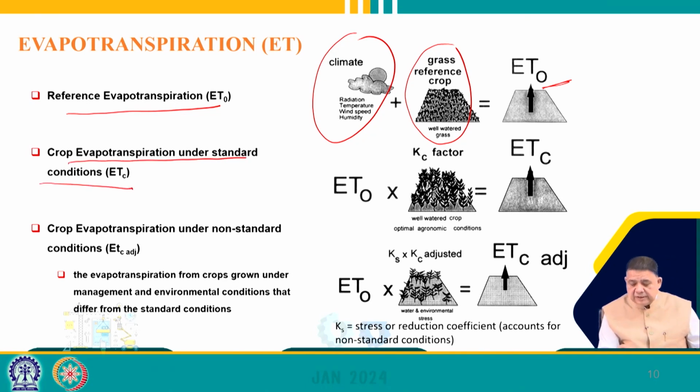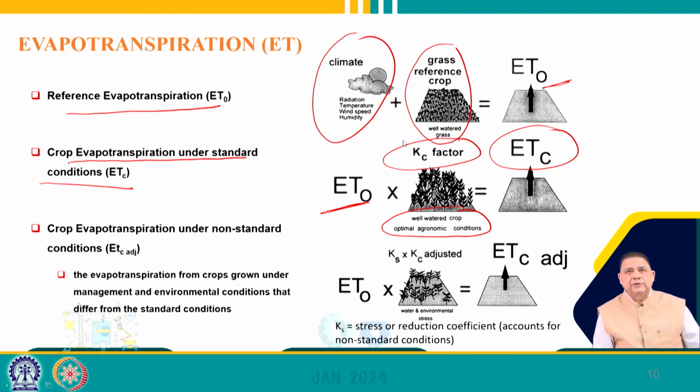If all standard conditions are met, that is a well watered crop with optimal agronomic conditions, then whatever we get for that particular crop is the crop evapotranspiration, and this value can be obtained by multiplying ET0, the reference crop value, by a crop coefficient Kc factor. That will be typical for a particular crop.